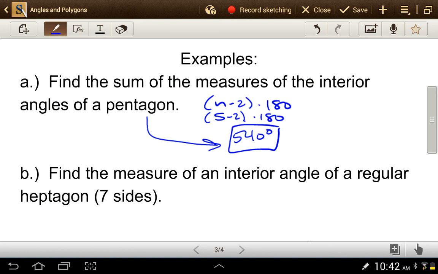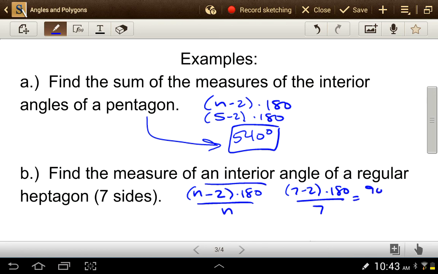All right, in B, find the measure of an interior angle of a regular heptagon. Well, a heptagon has 7 sides, and I want to find an interior angle, so I want to find what one of them is. So I'm going to use my formula of n minus 2 times 180 divided by n. So that's going to be 7 minus 2 times 180 divided by 7. Okay, and when you do that in your calculator, you're going to get 900 divided by 7.